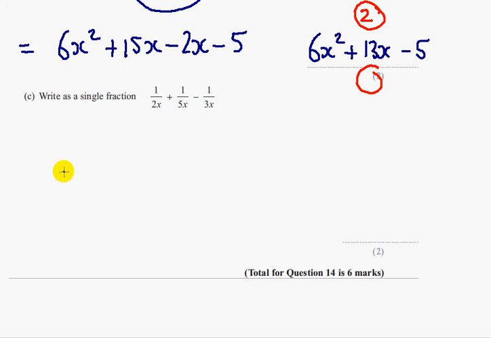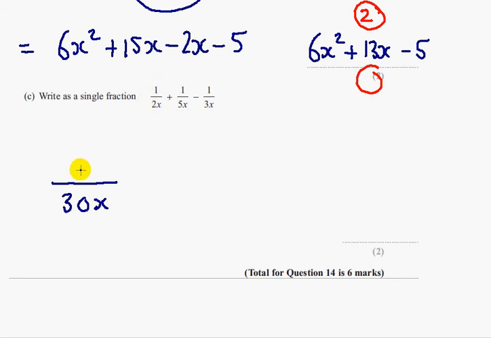But in this case, the common denominator is going to be 5 times 2, which is 10, times 3, which is 30x.